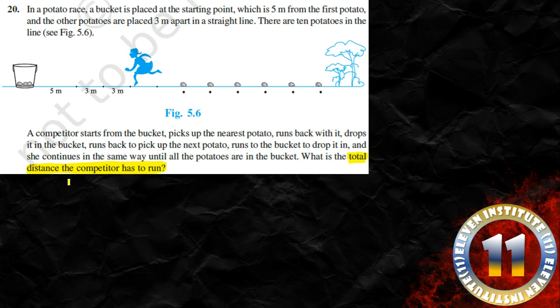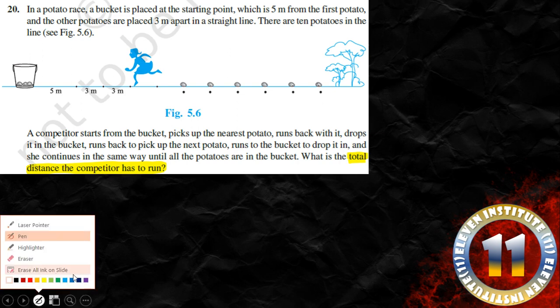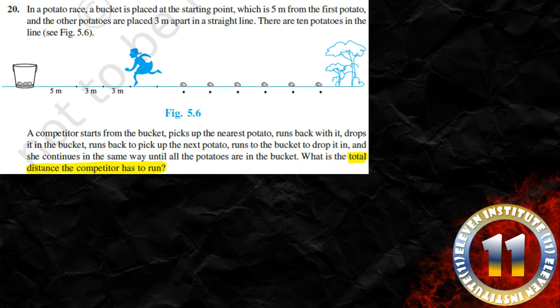Right. Now understand this first. See, I will change the color of pen first for better explanation. Let us select the red one. Okay. The competitor is standing over here, suppose. And here there is a potato.